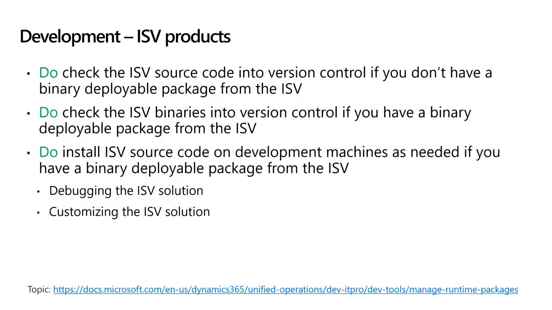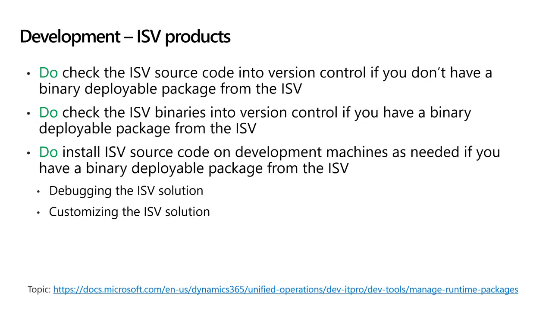For ISV products, you check the source code, you install the ISV product on the development machine, and then you check the source code into version control if you don't have the binary deployable package from the ISV. If you do have a binary deployable package, you install that on the dev machine and check the binaries into version control.